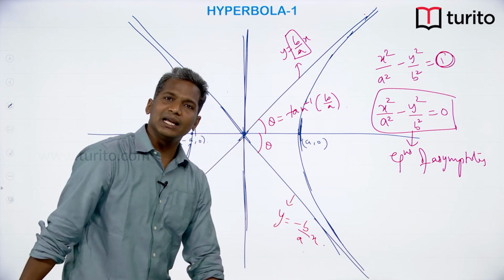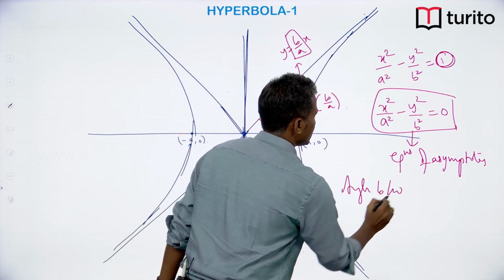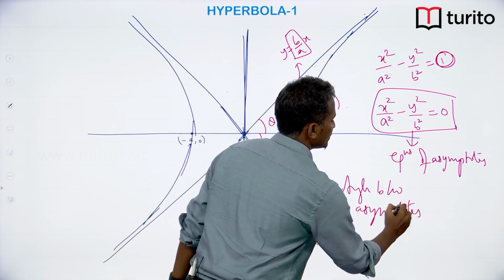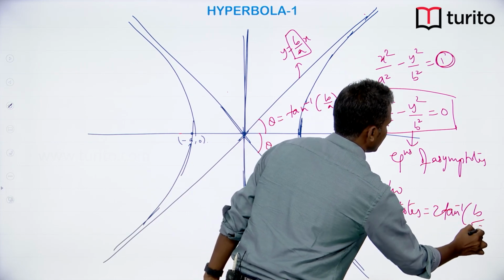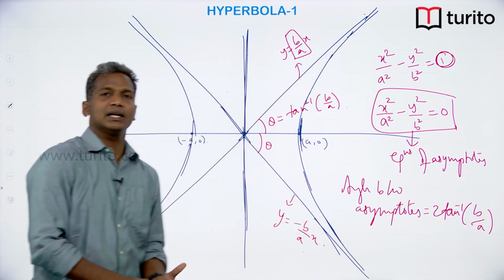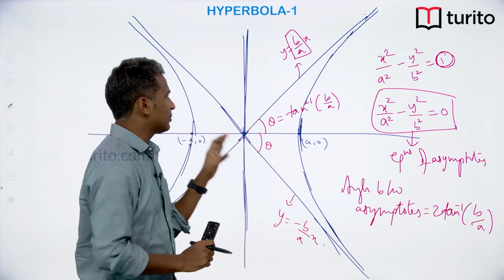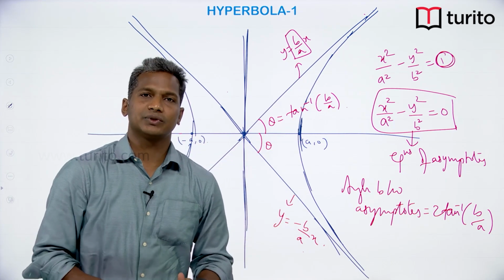So, what is the angle between asymptotes? The angle between asymptotes is going to be 2 into tan inverse of b by a. This is one fundamental idea about the asymptotes. Asymptotes are basically limiting lines, and this is how we get the equation of asymptotes.